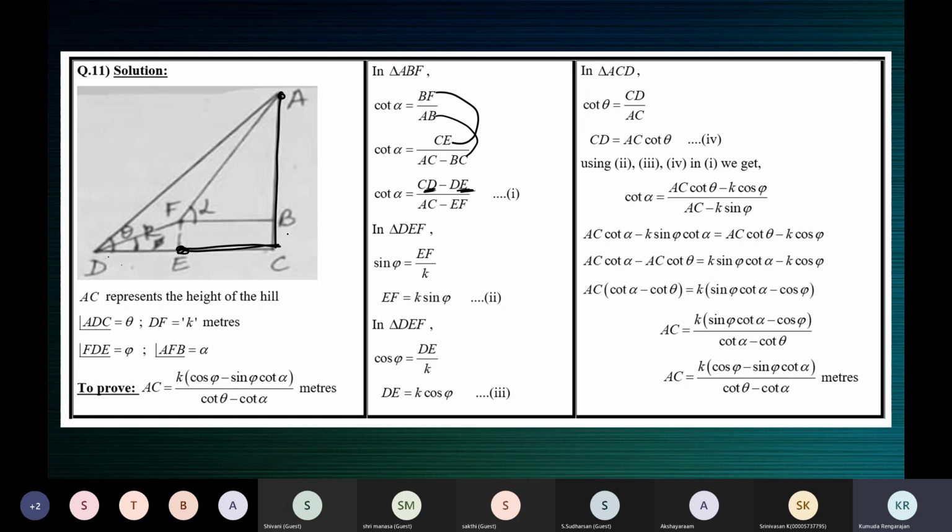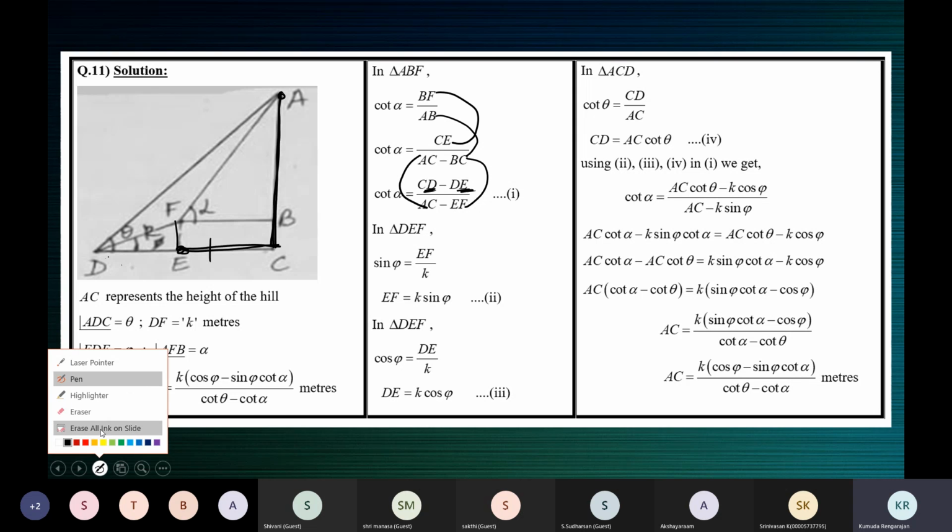AC is the height of the mountain. As of now, you cannot replace AC with anything else. In the earlier numerical version, you knew that AC is equal to DC. Here you cannot say that because we don't know the angles. So AC is AC as it is. But BC can be replaced with EF. So this much we can do.